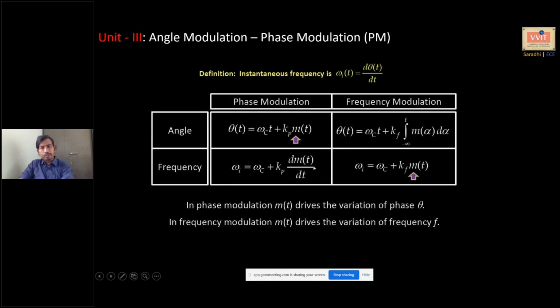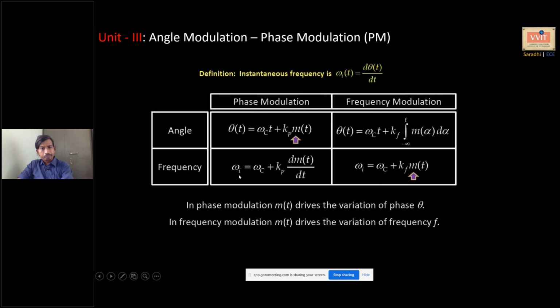In case of frequency modulation, the expression for the overall angle is kf integration of m of alpha d alpha, and this is the instantaneous frequency expression, kf into m of t. So here the summary is that in case of frequency modulation, instantaneous frequency is proportional to message signal.